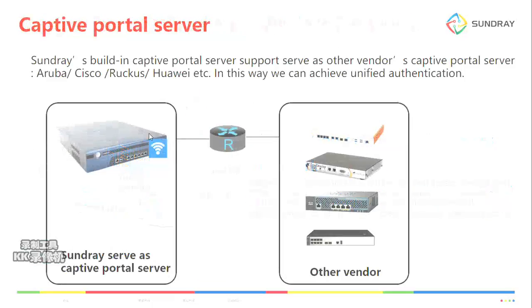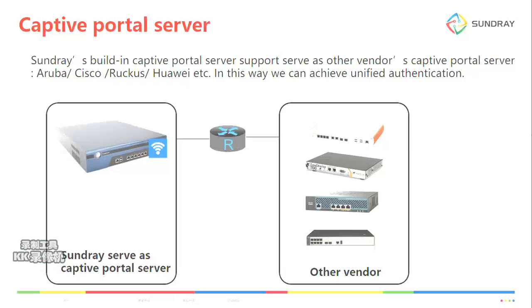And the second feature is the captive portal server. We support serving as a portal server for other devices. This is usually used in a scenario where, for example, the customer has already built their Wi-Fi network with an Aruba controller and access points. If they want to add new access points and they choose Aruba, it's okay, it's just adding new access points.